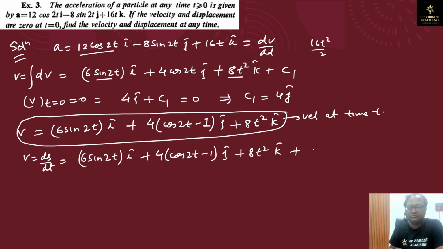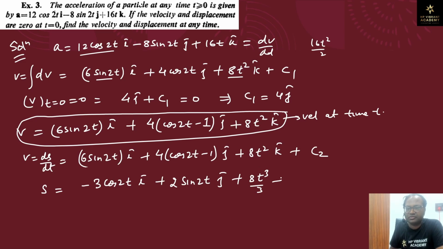So let us integrate this with respect to t. So we have s is equal to minus 3 cos 2t i cap plus 2 sin 2t j cap plus 8t cube upon 3 k cap plus c2.